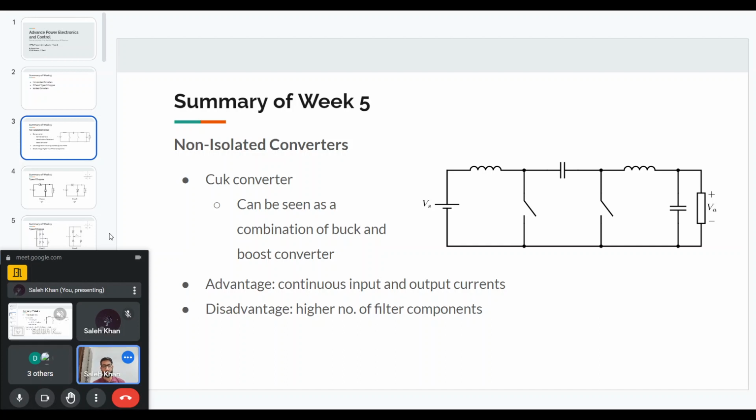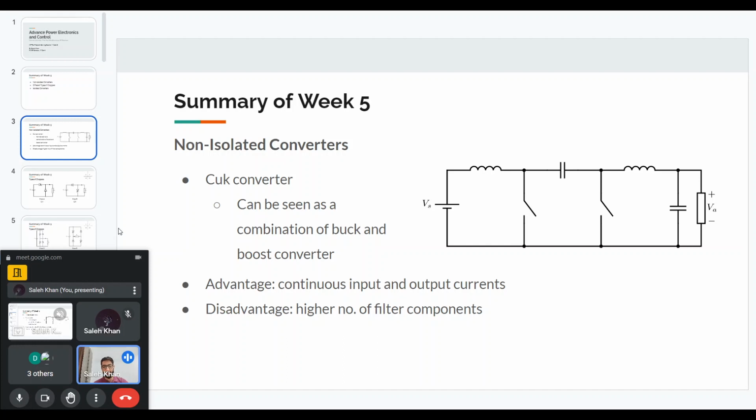Some application will require a very stiff voltage. You cannot have any changes in the voltage. Someone will require a very smooth current. Someone will require a very small size. Someone will require less cost. Someone will require high efficiency. So for all these different requirements, that is why we will have different converters.